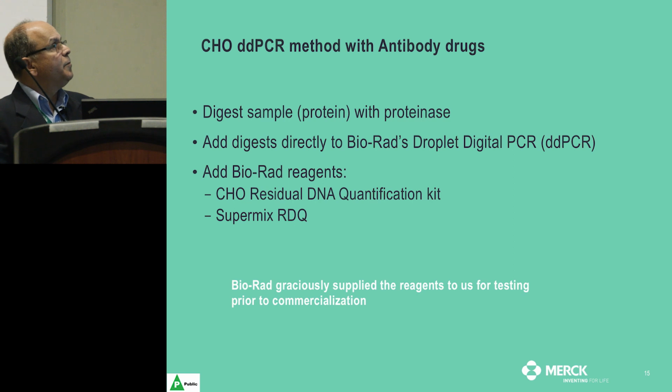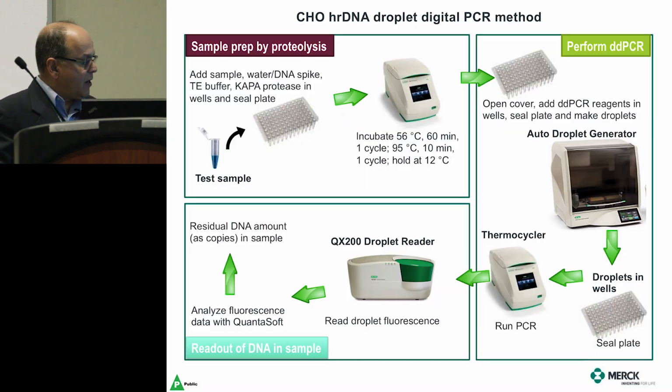And this is the graphic version of the method. We have the test sample, we put it in a 96 plate, we do the kappa digestion, then we open the cover and add the droplet digital PCR reagents.